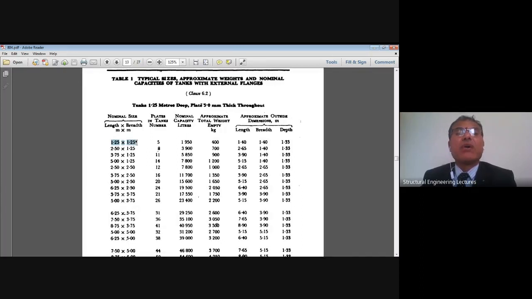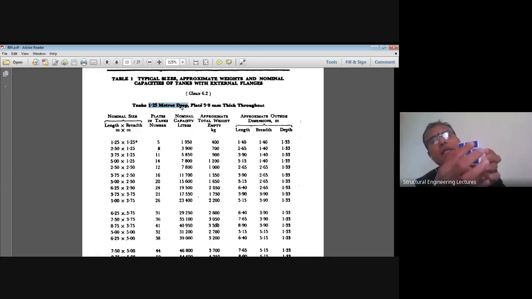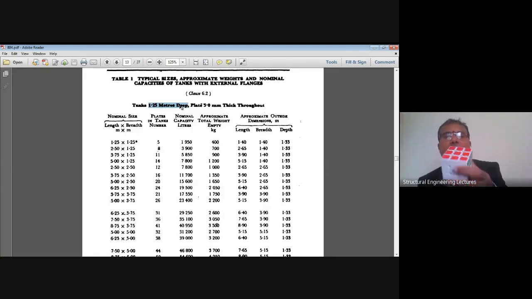Therefore, let us see one example. These are the tanks with 1.25 meter depth, meaning only one tier. Now I'm just demonstrating here a three tier square tank.